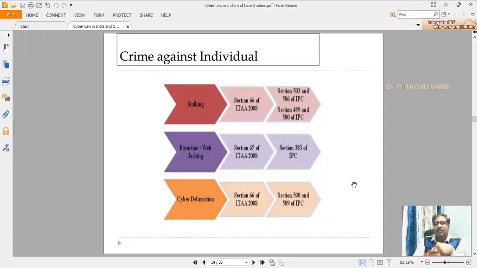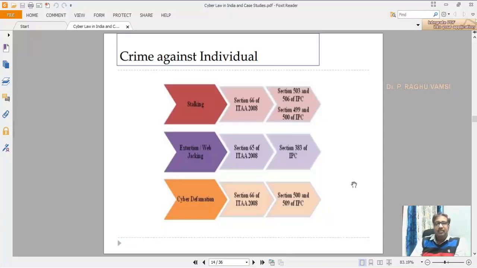That is the reason we always need to quote the recent one, not the previous one. So section 66 of IT Amendment Act 2008 is mapped to IPC sections 503 and 506, and sections 499 and 500 of IPC. So this is the mapping.